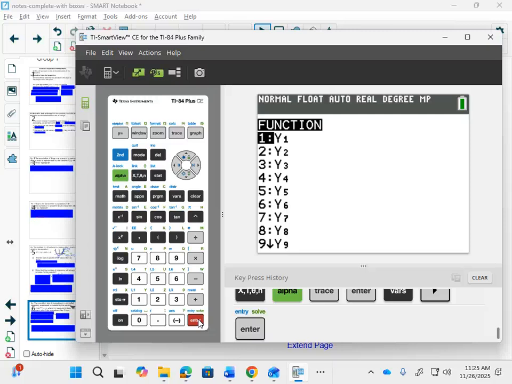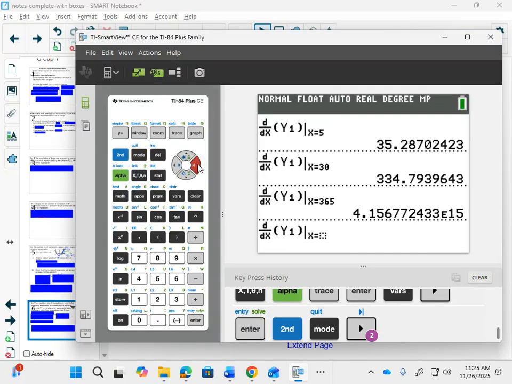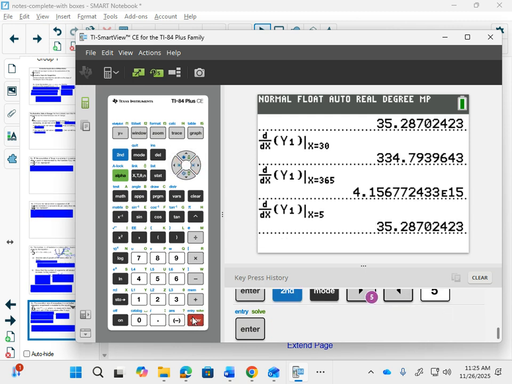Important to know where buttons are though, because you don't want to be on your exam going, all right, just looking for things on my calculator. And then you can figure it out for any x value you wanted. We wanted x equals 5. So at 5 days, there's only 35 mosquitoes per day. If you kept doing this for a year later, you could be expecting 4 quadrillion more mosquitoes per day. And you'd be like, lunchtime.